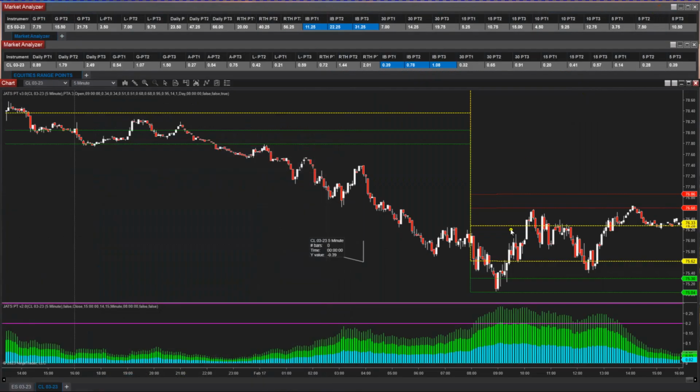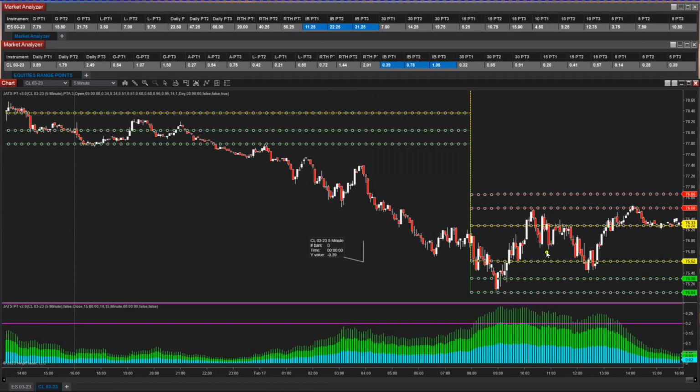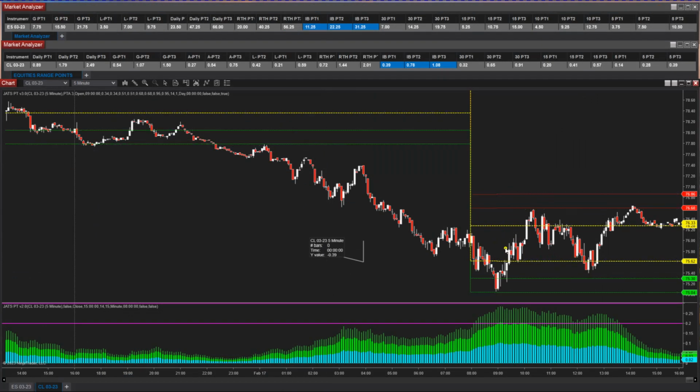And so on the chart, you can see that the yellow lines comprise that first standard deviation. So will it stay inside this range or will it go outside to the 2 and 3 of this time period? So you've got up and down, A and B, A for above, B for below.